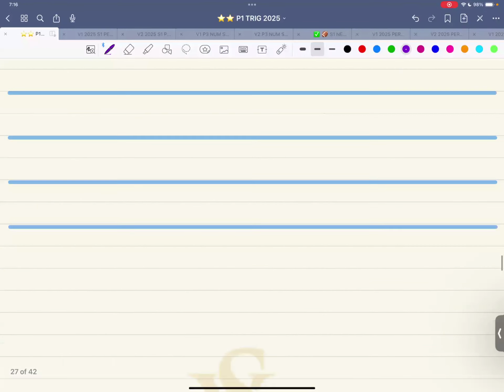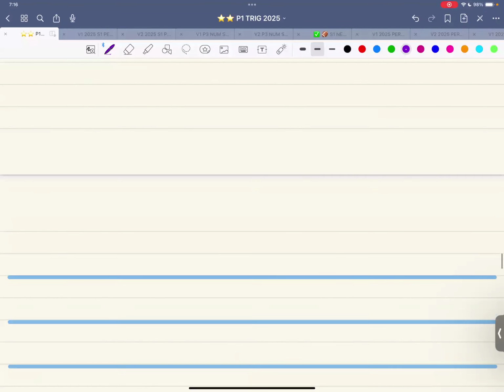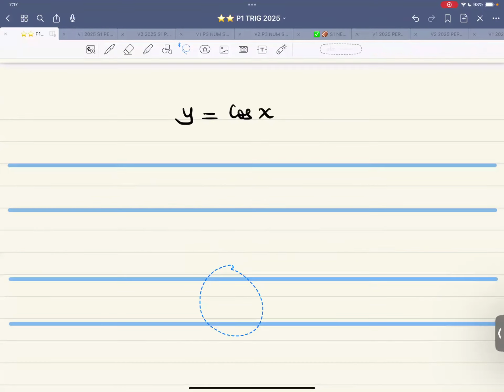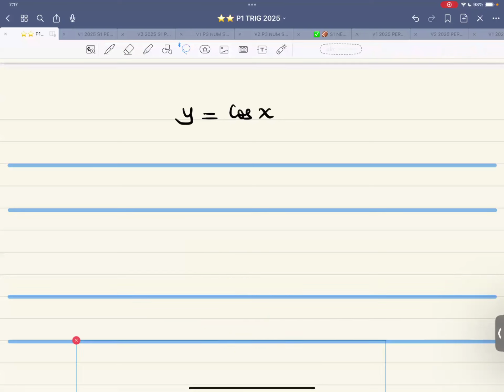Okay, people, let's get started with this. Now let's talk about the graph of y equals cosine x. Again, we can apply the same principle, but I leave it up to you to fill it out. So that is 0, and then again the same thing, 0, 30, 45, 60, 90.